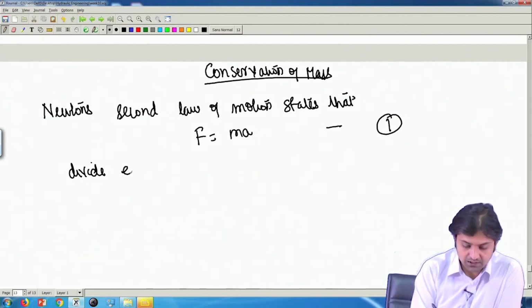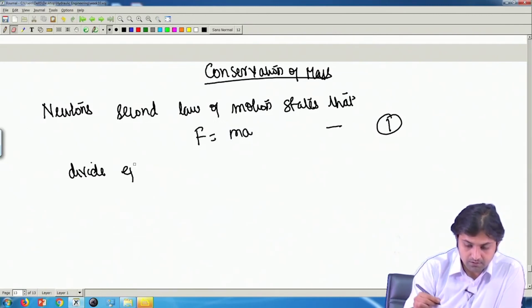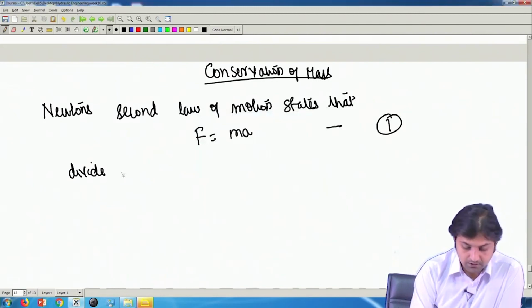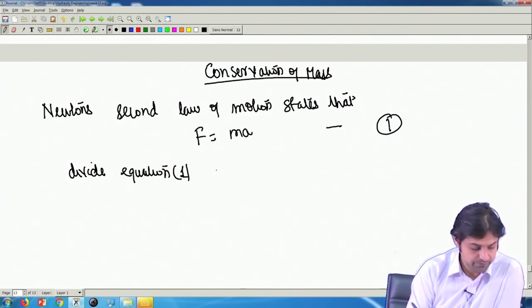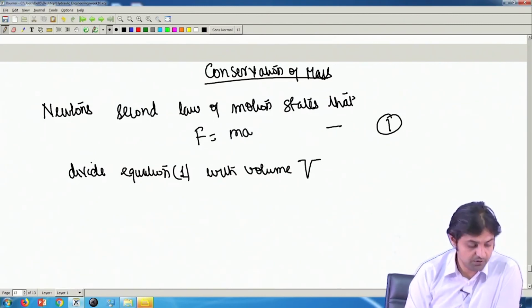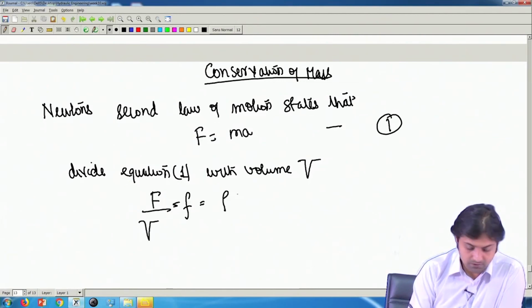So if we divide equation number 1 with volume. So volume in this module we are denoting by V. So this becomes F by V, which is small f, is equal to rho dV dt, correct.